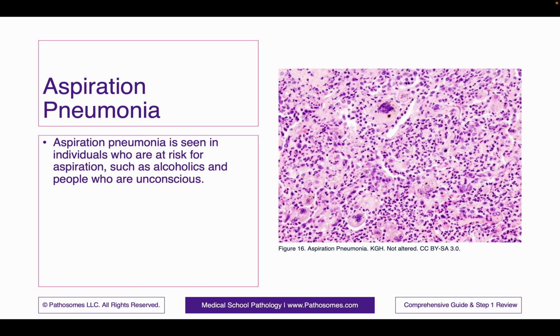Now let's move on to another important condition which you will definitely be asked about for sure, aspiration pneumonia. Aspiration pneumonia is seen in individuals who are at risk for aspiration, such as alcoholics and people who are unconscious.